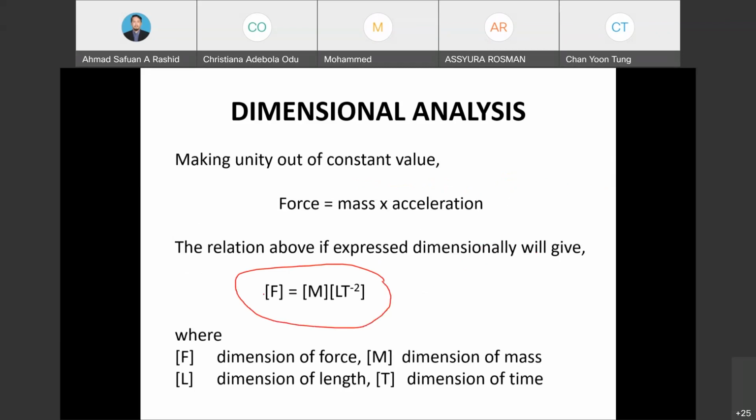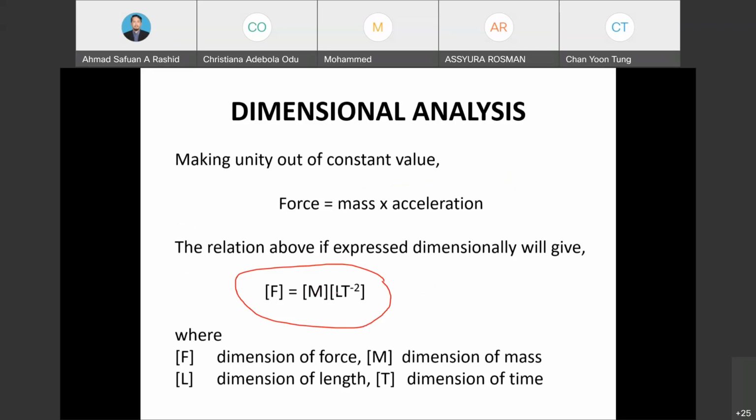We have F here, then we have m, which is mass. Sorry, this is not geometry, this is mass.